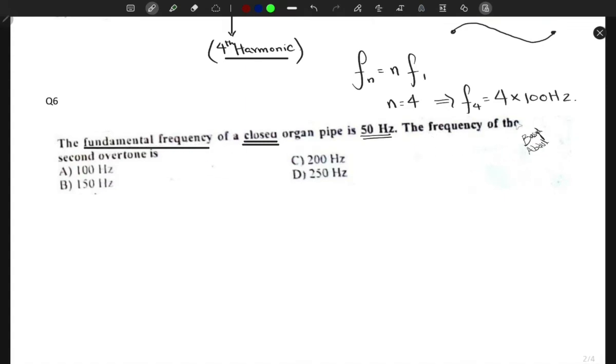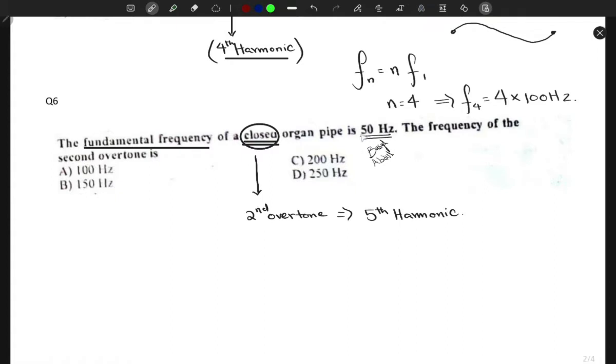The frequency of the second overtone is what? So second overtone, for a closed pipe, second overtone implies fifth harmonic.